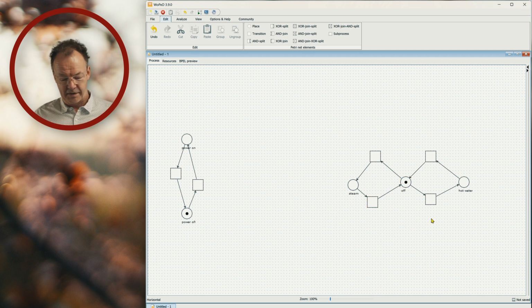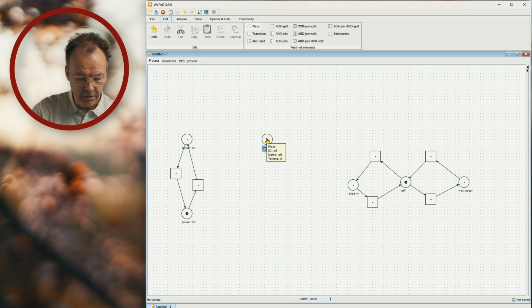So now we have this dial, and what is missing right now is our boiler. So the boiler also has two states. So one, let's call this boiler hot, and the other one is boiler cold.